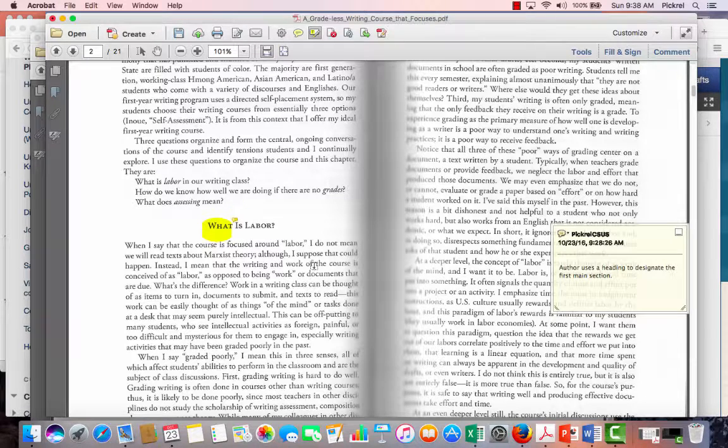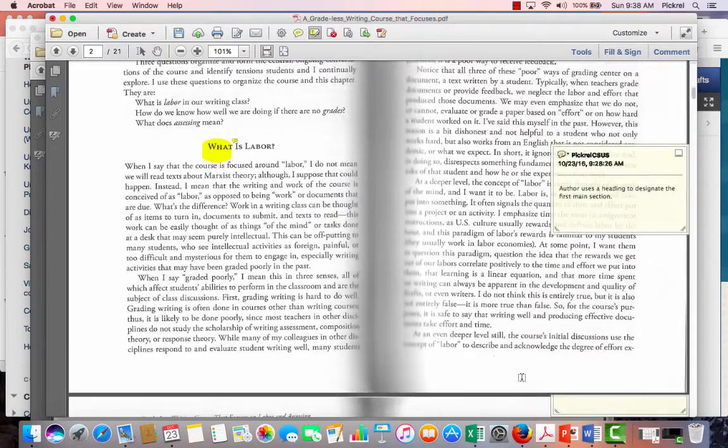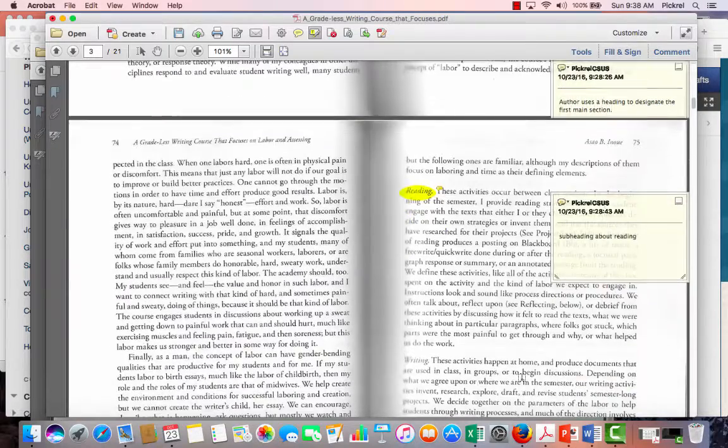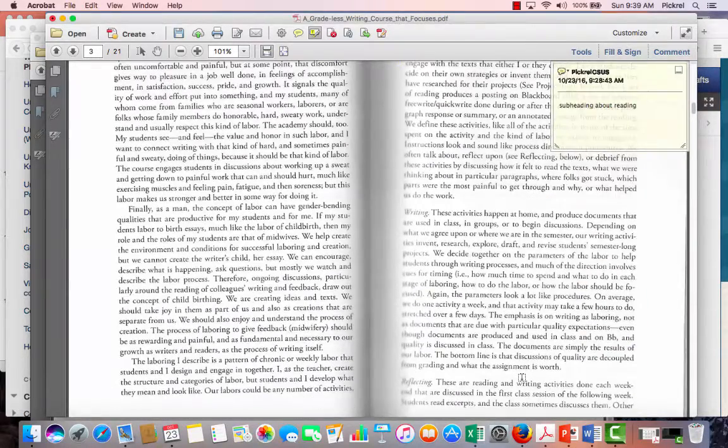He even has the section, what is labor? And he goes through defining that particular term and what it means to the gradeless writing course that he's proposing. So some of the jargon I might point to in my article would be terminology that connects to the field of writing.